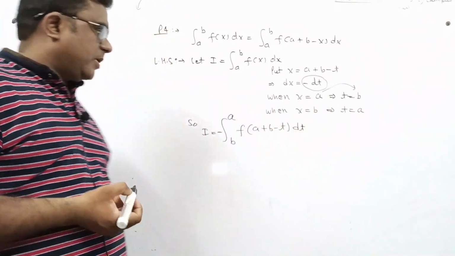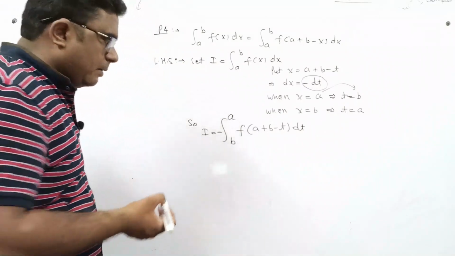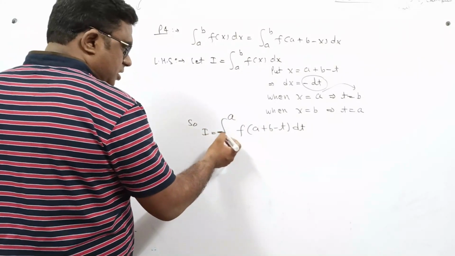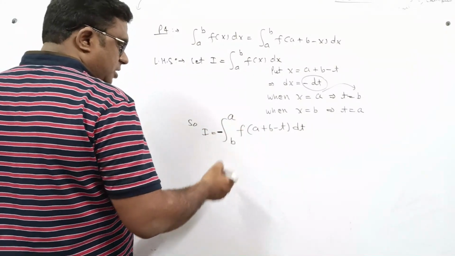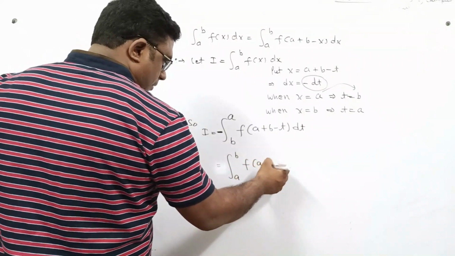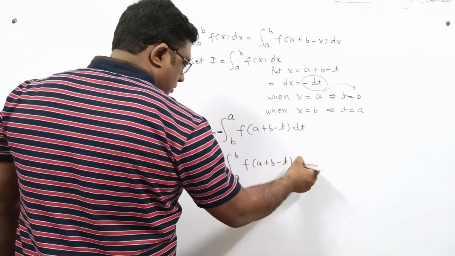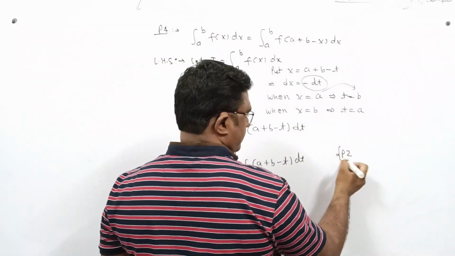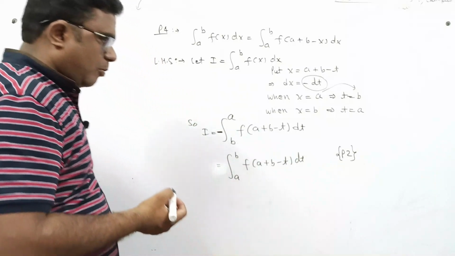Now we will use property number 2. In property number 2, I told you that we change this sign and interchange these limits. So a to b and f(a plus b minus t) dt. Which property applied here? Property number 2 applied here. Now we will apply property number 1.